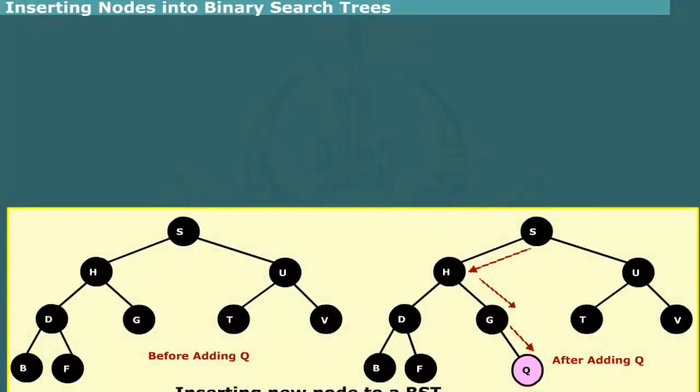Consider, for example, the binary search tree shown in figure. To insert a new node, say Q, we proceed as follows. Beginning with the root, we compare Q with the keys of a node.